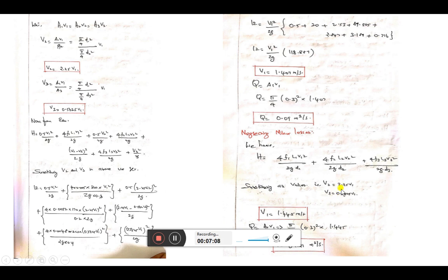We substitute v2 and v3 here and do the same as before. By doing so, we get v1 equal to 1.45445 meters per second. Substituting that, we get the Q value. So this is by considering the minor losses, and this is without considering the minor losses.